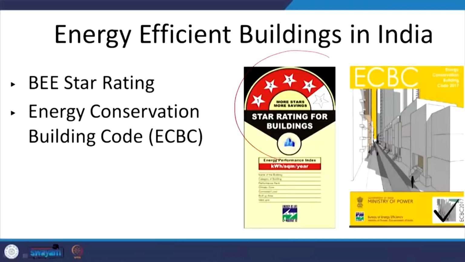On the basis of the performance specified through ECBC, we have this star rating program for buildings, where there are different categories of buildings. For example, hospital buildings, hotel buildings, commercial buildings, and the EPI for each building type in different climates is specified. So, this is specific to energy performance of the buildings.